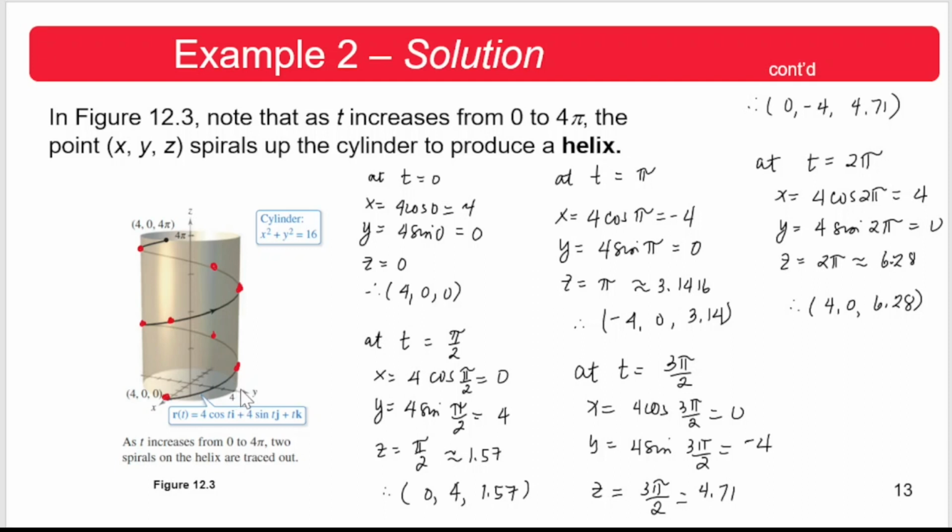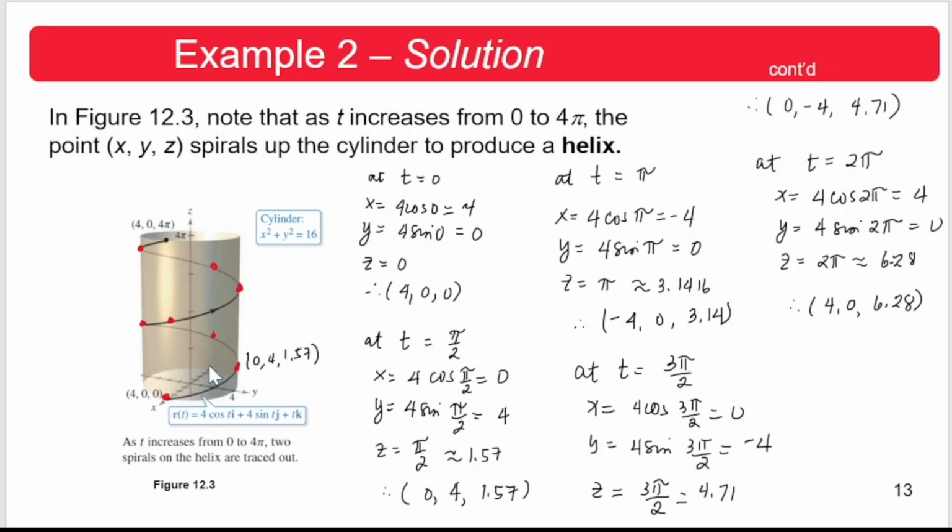So this point, therefore, is the point with coordinates 0, 4, and 1.57.